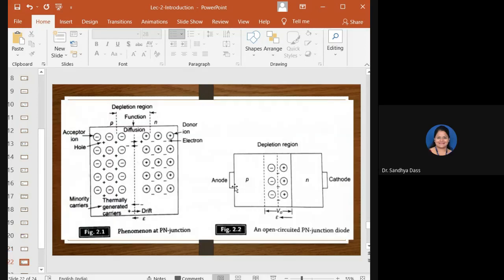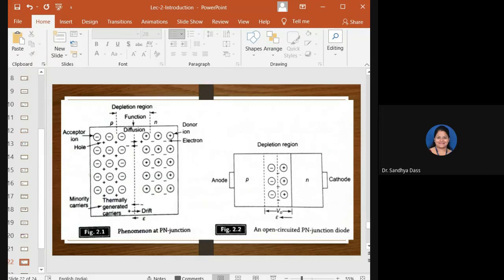Okay, so typically we know that silicon has a barrier potential of, can anyone tell here? What is the barrier potential of silicon material?